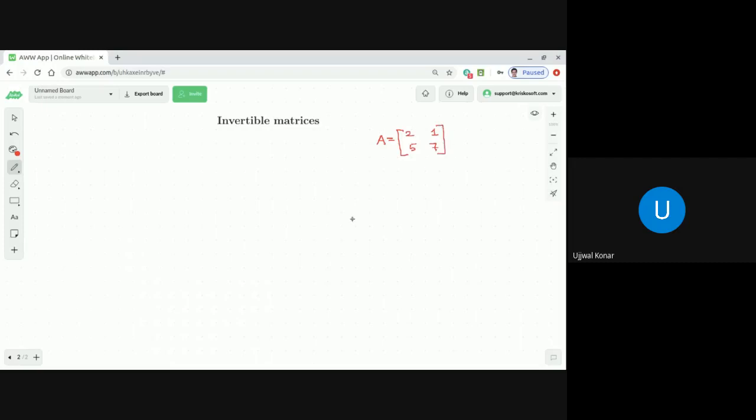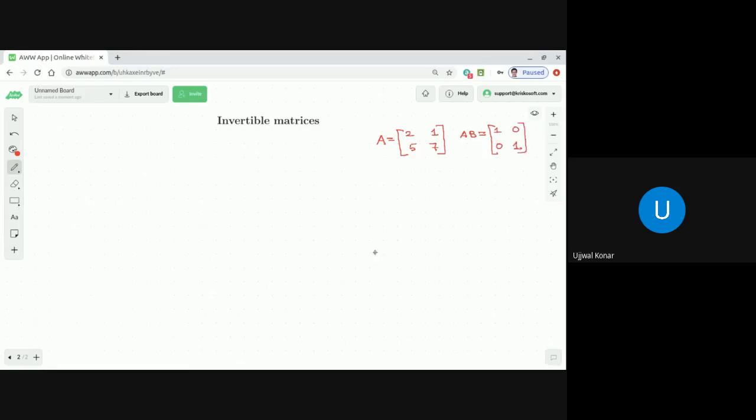Now, corresponding to this matrix, we need to find another matrix B such that if we multiply A into B, we should get an identity matrix. Identity matrix means what, dear students? 1, 0, 0, 1.